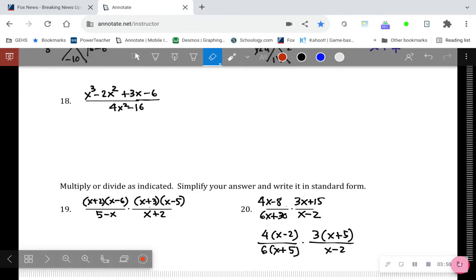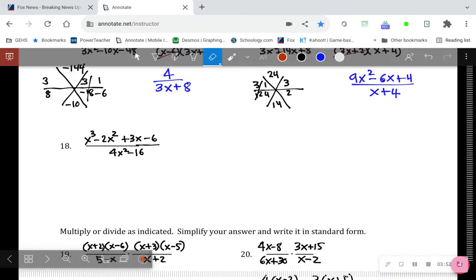Okay, so on problem 18, what you should notice here is that there's 1, 2, 3, 4 terms up there. So we're going to factor by grouping here. In the front half, your common factor up here is x squared. So you want to take that out. In the back half, your common factor is plus 3.